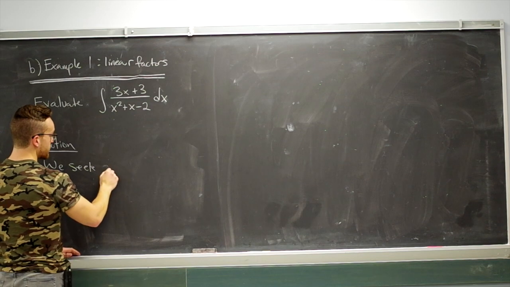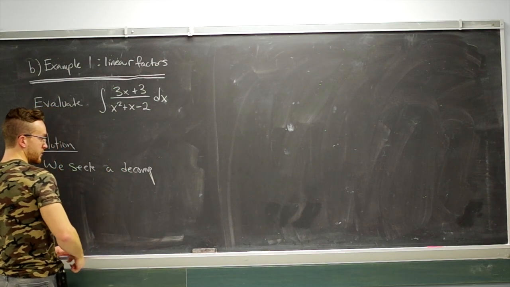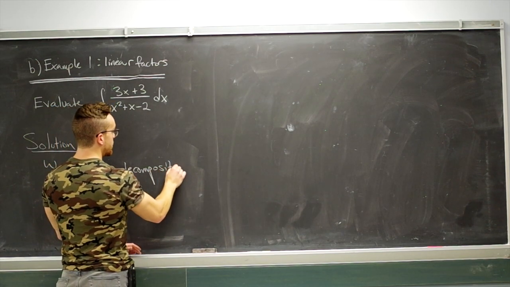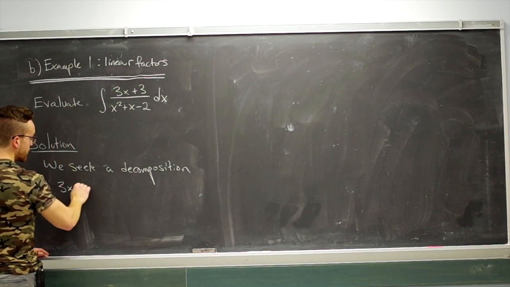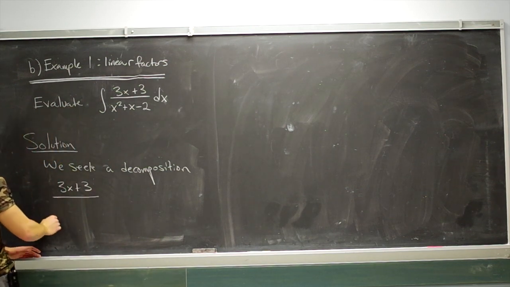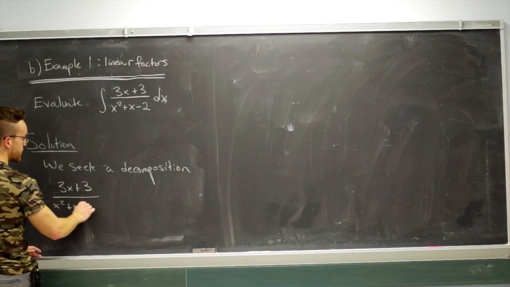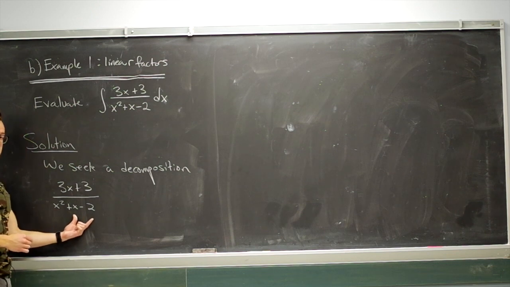Now, how does this work? Motivated by the kind of common denominator stuff I talked about a minute ago, I'll begin with the rational expression, and then I think if I have any hope of splitting this up into simpler pieces, I need to factor the denominator.